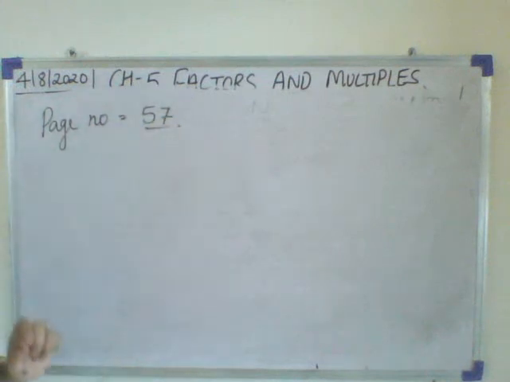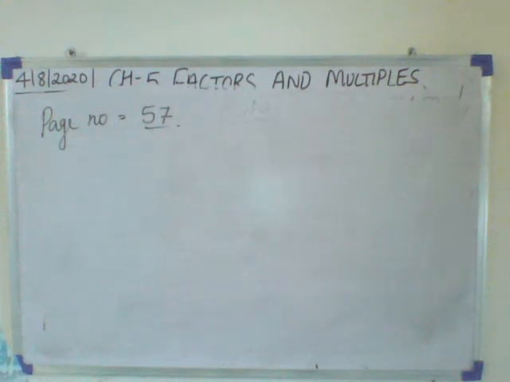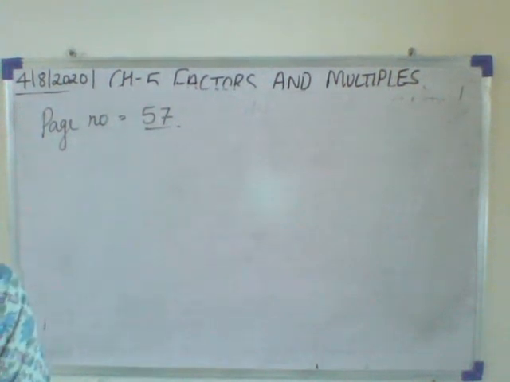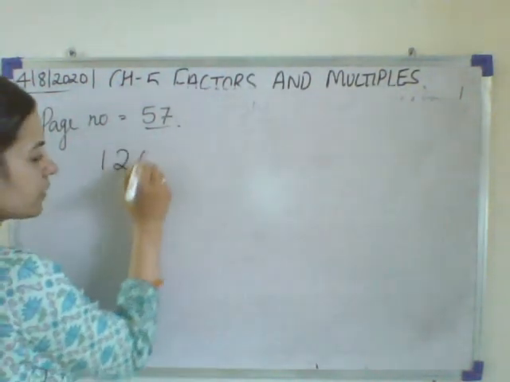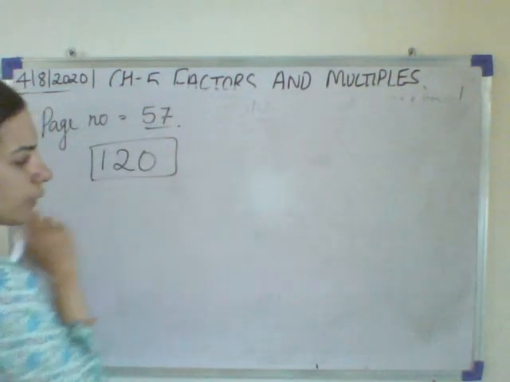The classwork is given that you will be doing in your classwork copy. Find the prime factorization of 120 by both the factor tree method and the continuous division method. You have to try it by both methods. Here what is given? 120.